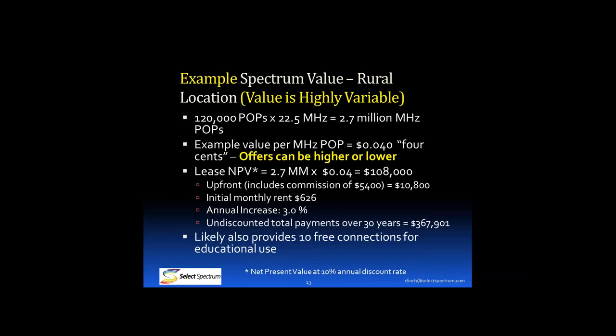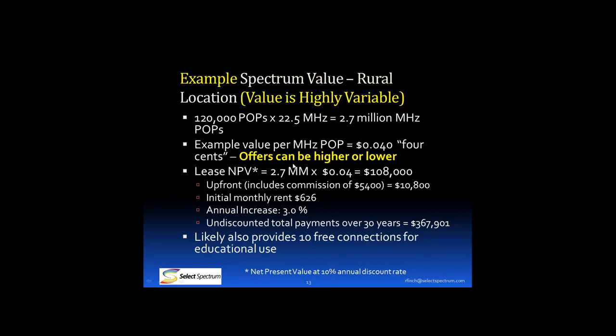In this particular case, to get to $108,000 net present value, if you put 10% upfront, the initial annual rent comes out to $626, with a 3% annual increase. To let you know, someone could bid higher monthly rent and no annual increase. That would be a possibility. We're giving them flexibility in terms of how they would structure the offers.